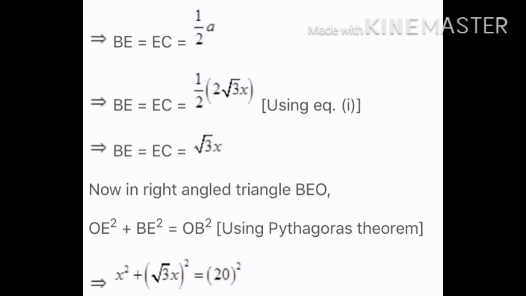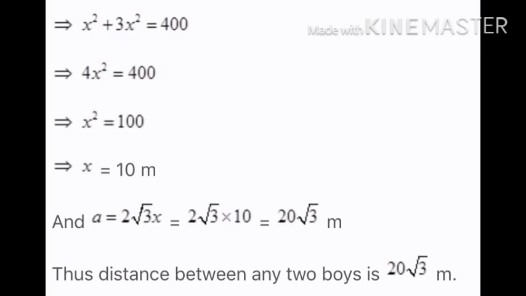Now in right angle triangle BEO, by using Pythagoras theorem, OE square plus BE square is equal to OB square, that is x square plus (root 3 x) square is equal to 20 square. x square plus 3x square is equal to 400, 4x square is equal to 400, x square is equal to 100, so x is equal to 10 meter and a is equal to 2 root 3 x, which is equal to 2 root 3 times 10, which is equal to 20 root 3 meter.